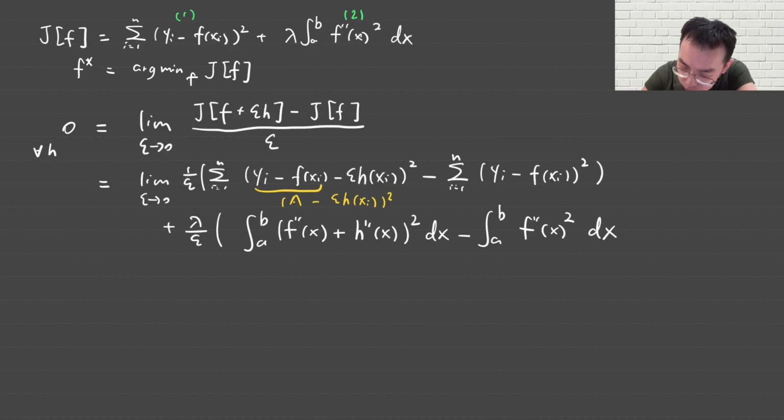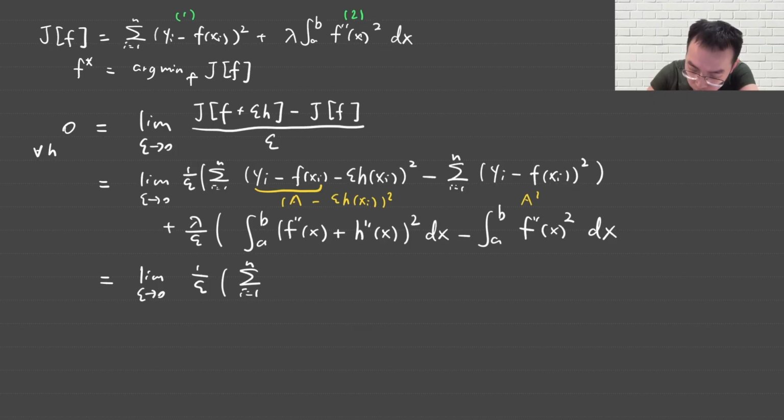When we expand this square term, you can see the a squared term got canceled.